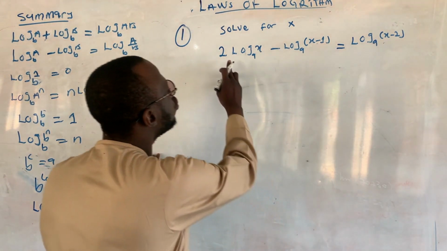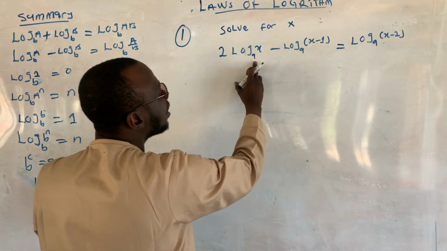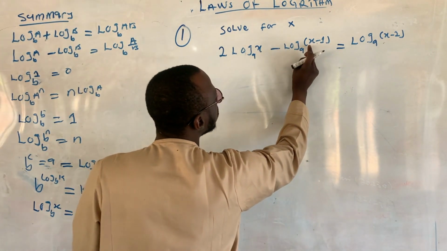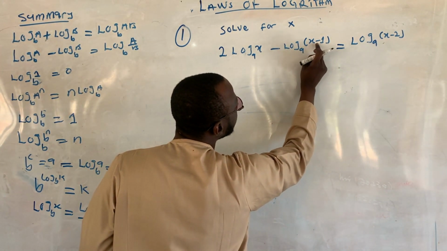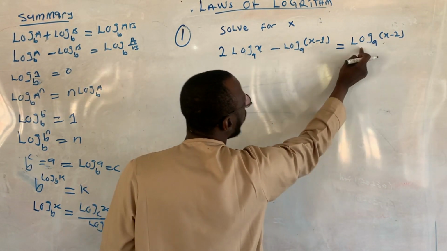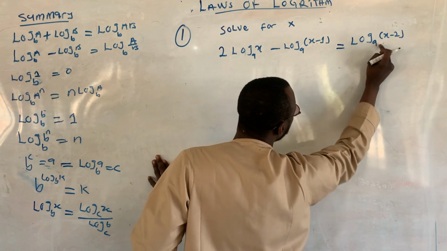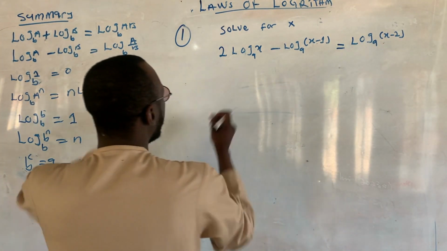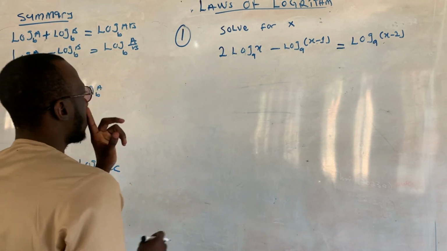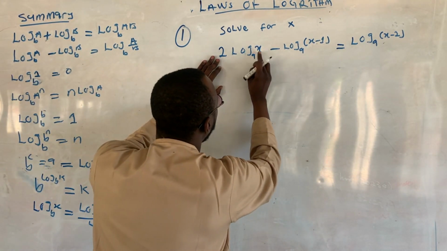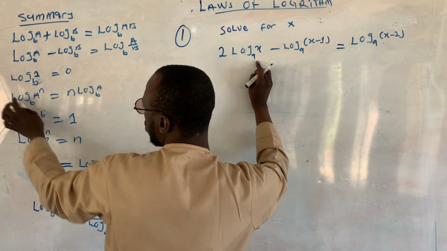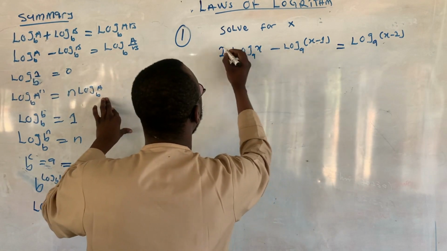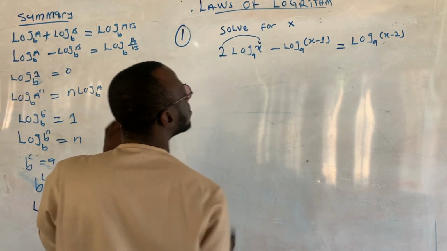We have 2 log x plus a, minus log (x minus 1) base a, is equal to log (x minus 2) base a. Now in this case, 2 log x conforms to this rule, so the 2 can come back to this place.